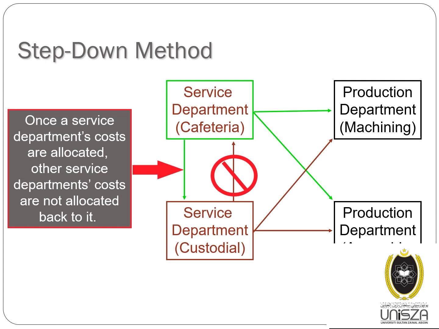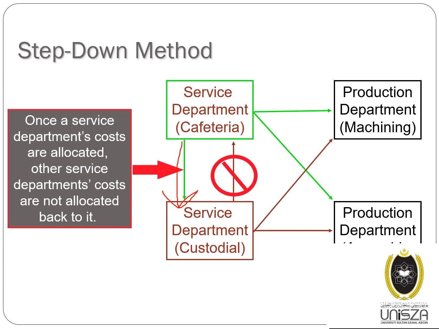Once the service departments have been allocated, no further costs are assigned. So you can see here, we only have one direction. The other cost from the custodial to the cafeteria will not be assigned.